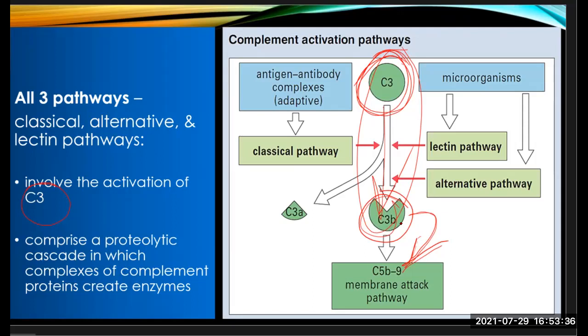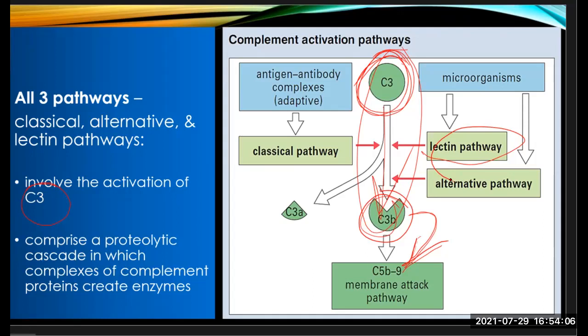The alternative pathway does not require antibody and is initiated by the covalent binding of C3b to hydroxyl and amine groups on the surface of various microorganisms, while the lectin pathway is also triggered by microorganisms in the absence of antibody, with sugar residues on the pathogen surface providing the binding sites.